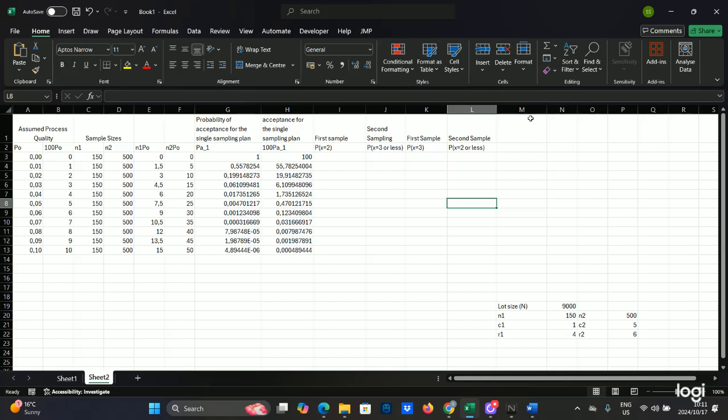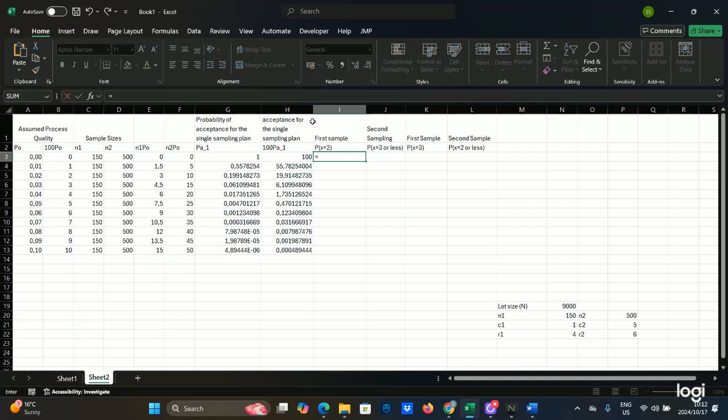Now if you calculate your first probability of acceptance, initially in the first sampling, since you know what your x is, you're going to use the Poisson test.